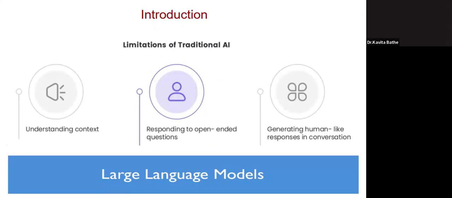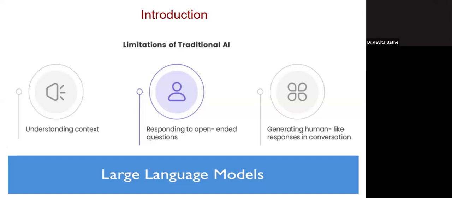When we are dealing with artificial intelligence, machine learning, deep learning, and moving to generative AI, it is very essential to understand what the limitations of traditional AI are and why we are going for the large language model.